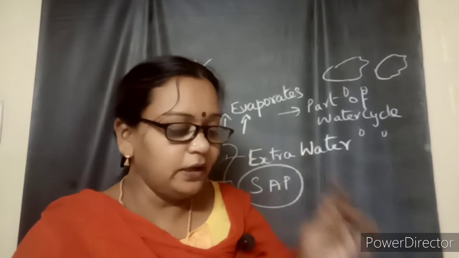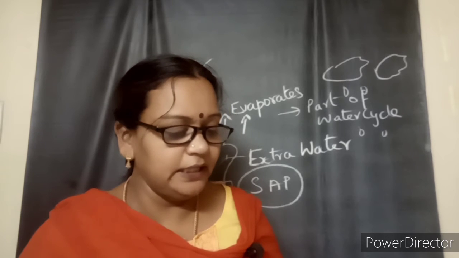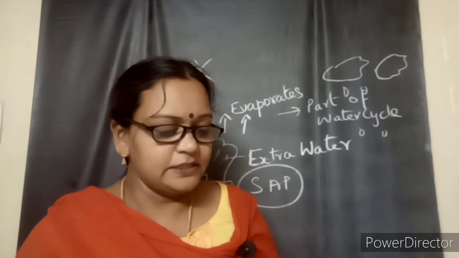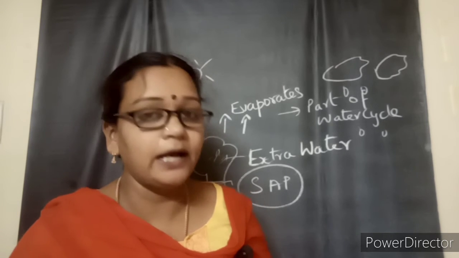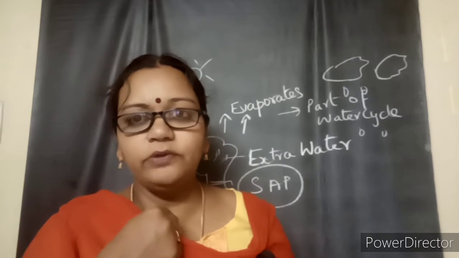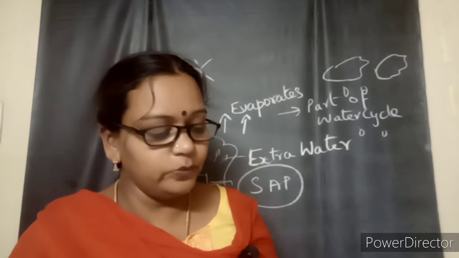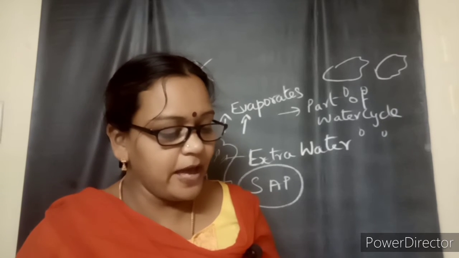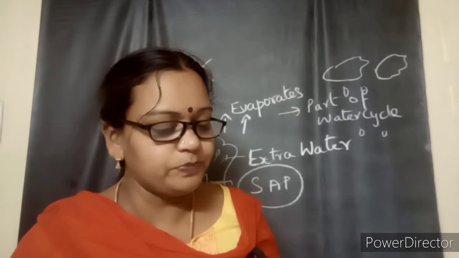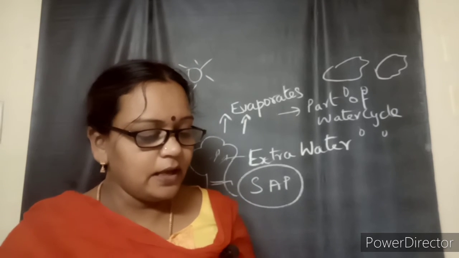So in S2, children, see the first part, circle the things that we could use in our daily life and get from plants. Circle the things that you are getting from the plant. So they have given you Pudinhara, one tablet like thing will be there. We are getting it from the pudina. So you think whether you can circle it or not. Then plastic bag, pencil, study table, newspaper, gum, cotton sari, steel plate, rubber band.